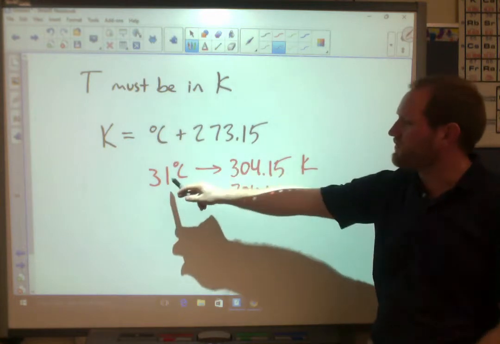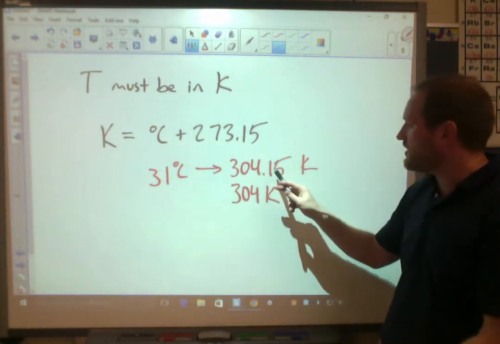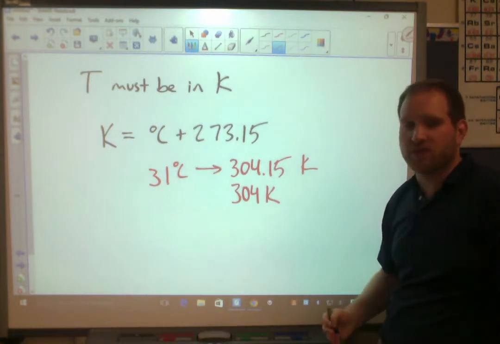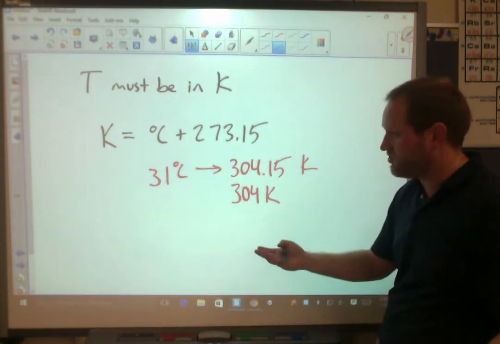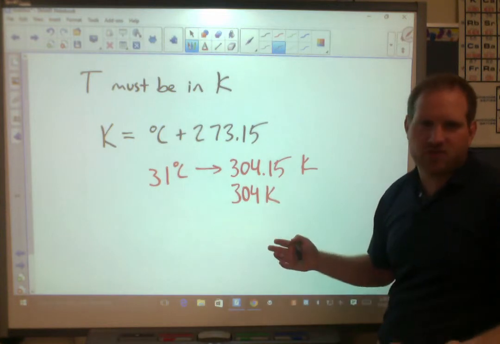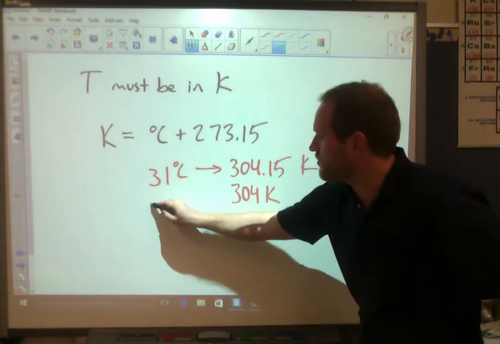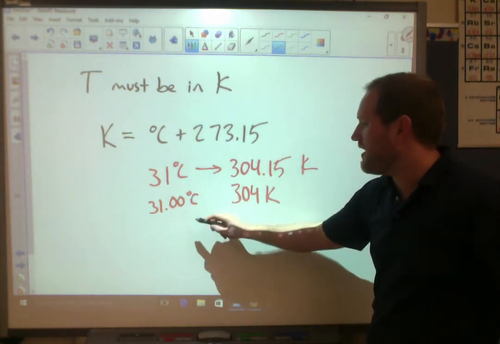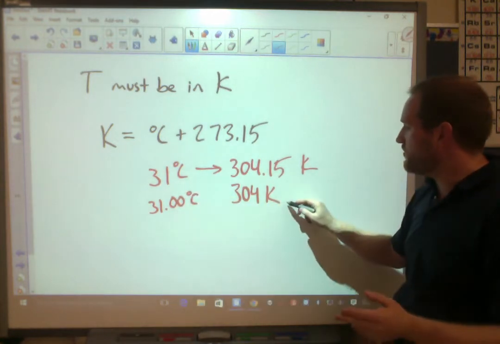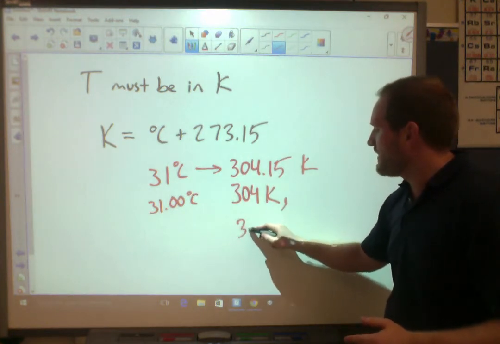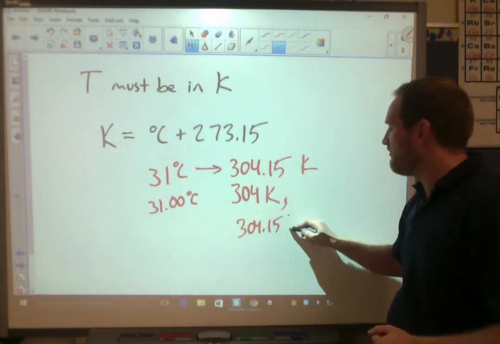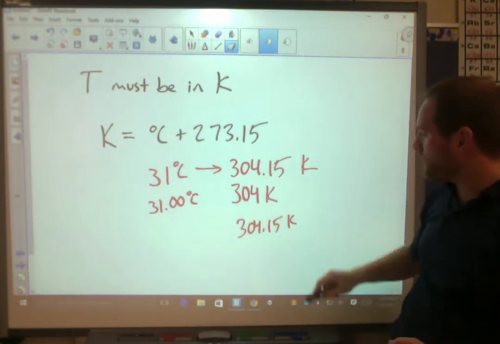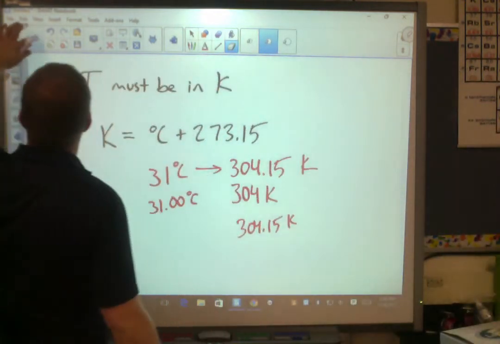Notice, if I don't give you a point something something, you're not going to use the 0.15 anyway, so you can just add 273. So in other words, if I give you a whole number for your temperature, just add 273. It just saves you some time. If I told you 31.00 degrees Celsius, well now, since I told you 2 decimal places, you need to tell me 304.15 Kelvin.